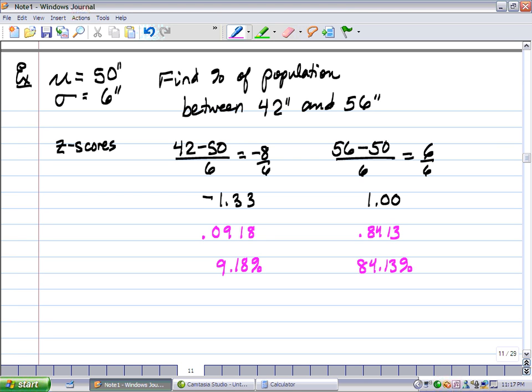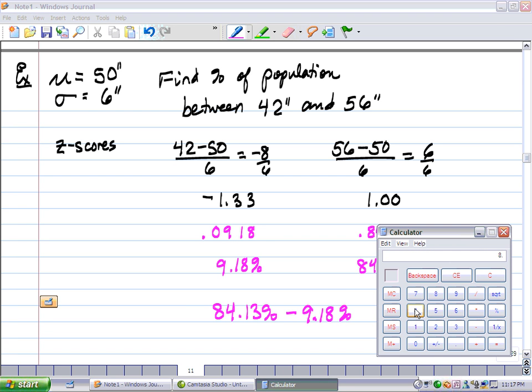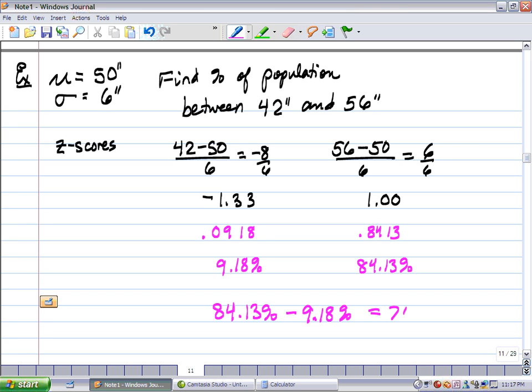We don't want those that are shorter than that, so we're going to subtract those away. 84.13% minus the 9.18%, so you have 74.95%.